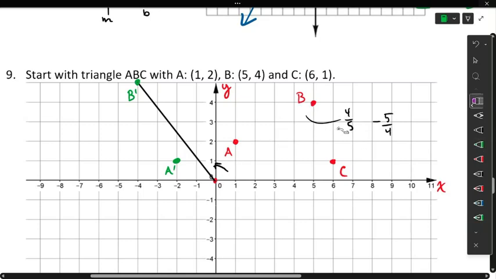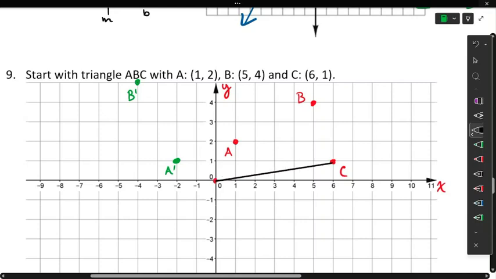And unfortunately, I think I was not brilliant when I created this question because I think I run out of room for it. Yeah, I do run out of room for it. So the last one is C. You can see from the origin to C, there's a slope of up 1 over 6.